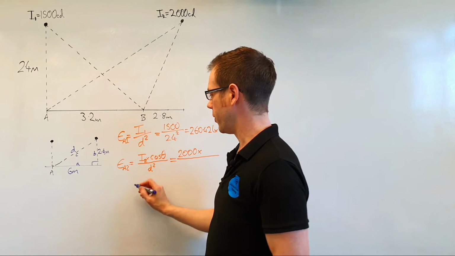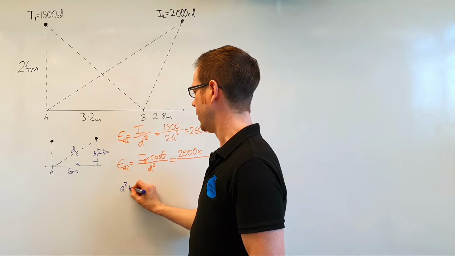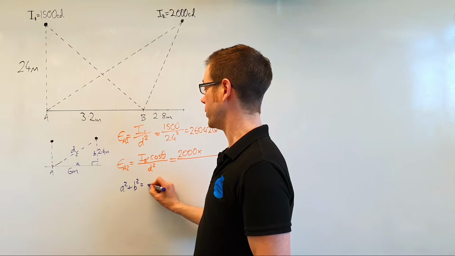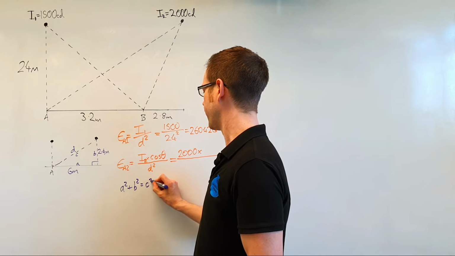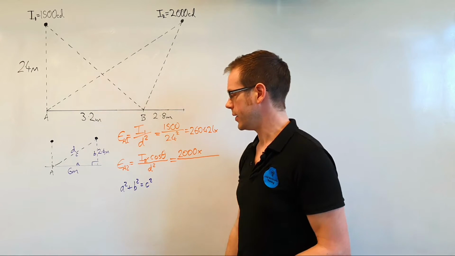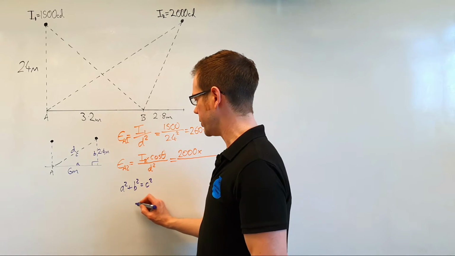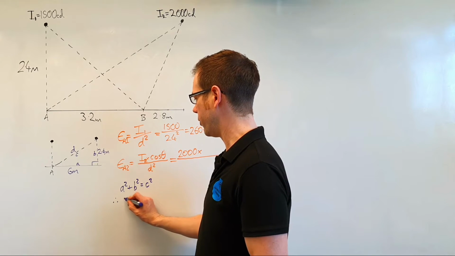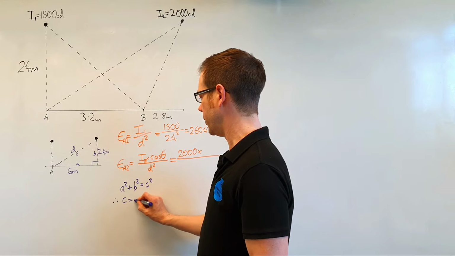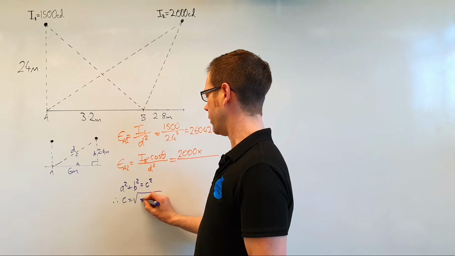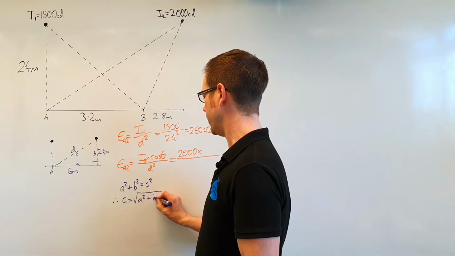So we know from Pythagoras that A squared plus B squared is equal to C squared. So we want to find C by itself, so we'll just modify this a little bit. We'll say, therefore, C is equal to the square root of A squared plus B squared.